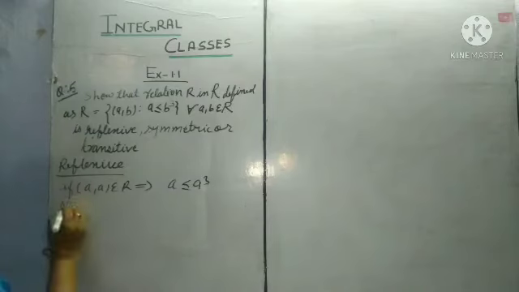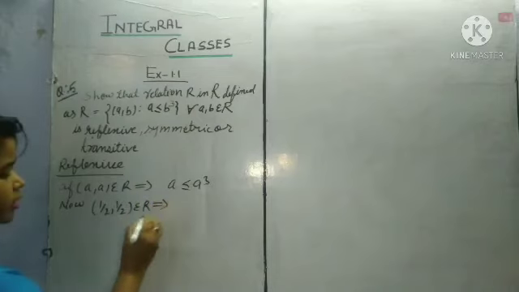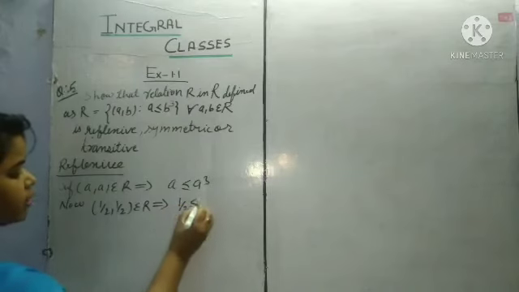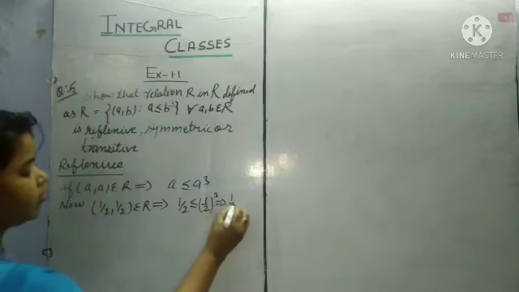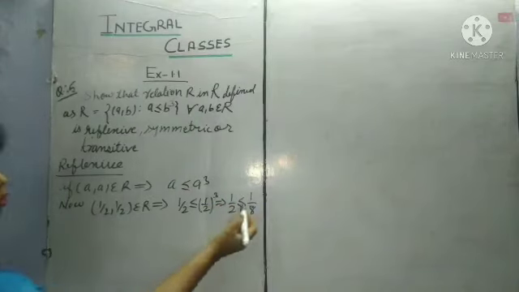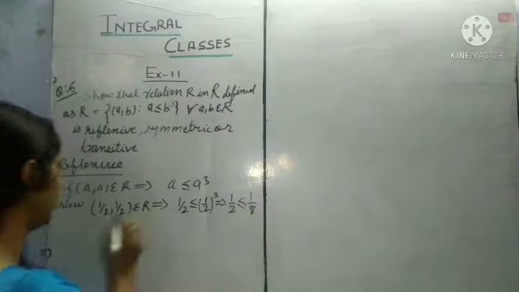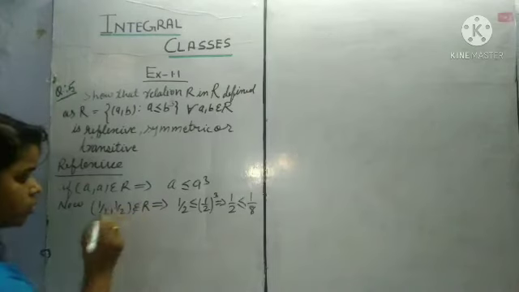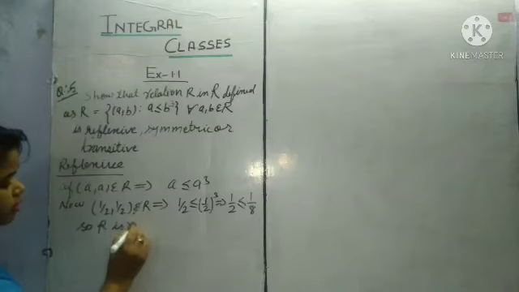Now for this proof, we take the example (1/2, 1/2) belongs to R, which implies that 1/2 is less than or equal to (1/2) cubed, which implies that 1/2 is less than or equal to 1/8, which is not true. We know that 1/2 is greater than 1/8. So R is not reflexive.